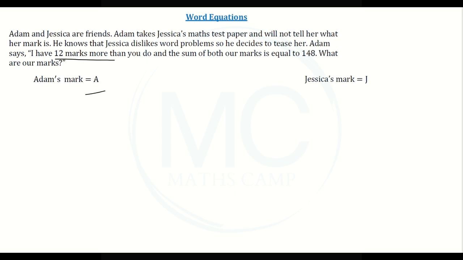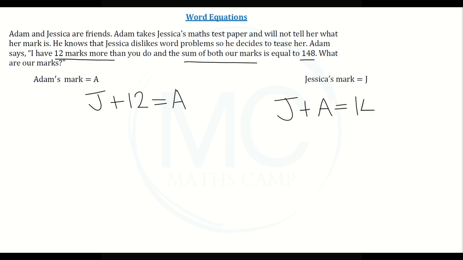So if J is Jessica, to get to Adam, we have to add 12 marks to Jessica's paper to make it equal to Adam's mark. The sum of both of our marks is equal to 148. The sum tells us we need to add, so we're going to say J plus A is equal to 148.